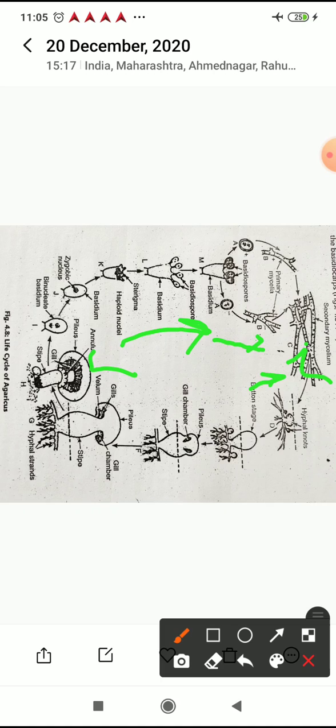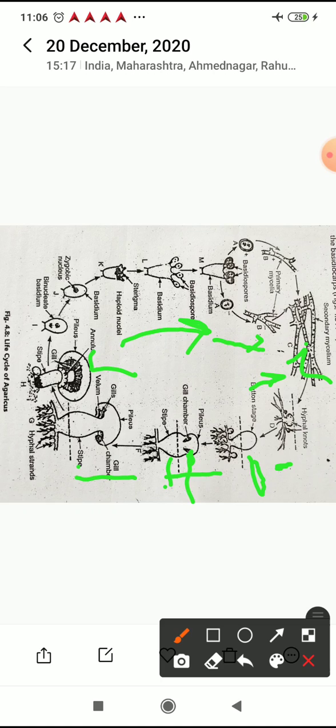This secondary mycelium remains under the soil and is responsible for formation of the button stage. Later in the development, the button grows, forms initials of stipe and pilus, and on its inner surface the gill chamber.